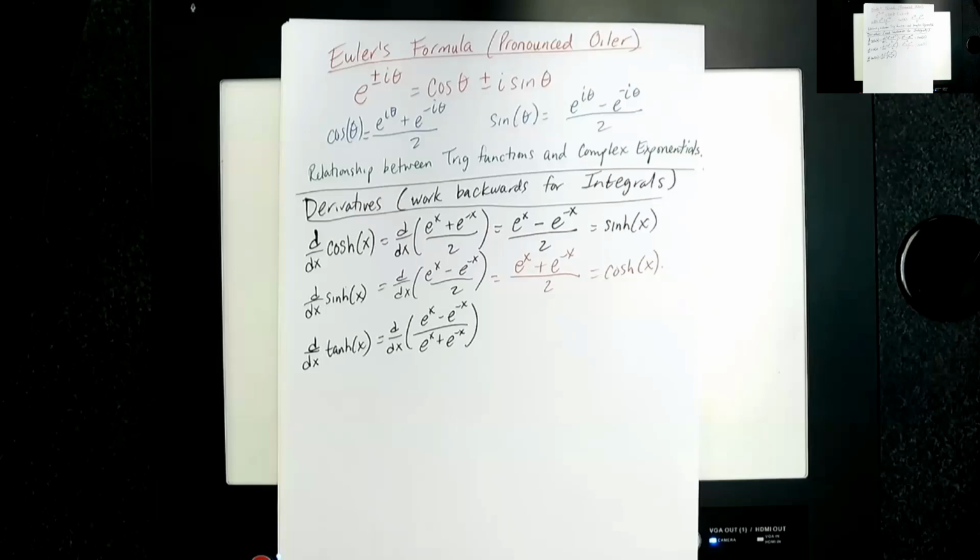Get her done. Y'all know how to do derivatives? I got a derivative, I just only think it's right. Do you have a hyperbolic trig function for it? 1 minus 1, yeah. Huh, I don't remember if it has a 1 minus 1. We'll see.